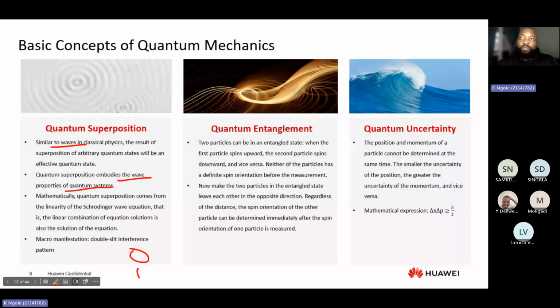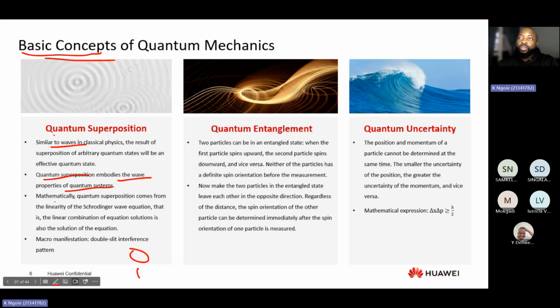These are a few things that you need to note. In your questions, there can be true or false: some of the basic concepts of quantum mechanics is that quantum superposition embodies the wave properties of quantum systems. That can be true. Most of these statements, whenever you see things like concept, will be part of true or false questions.